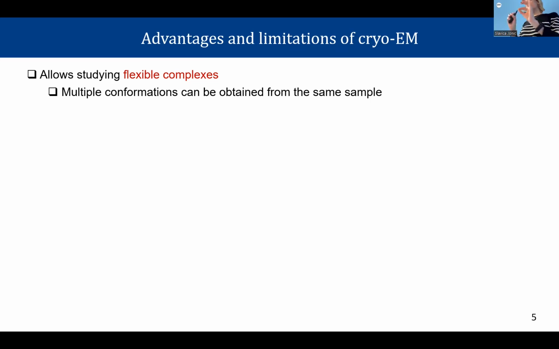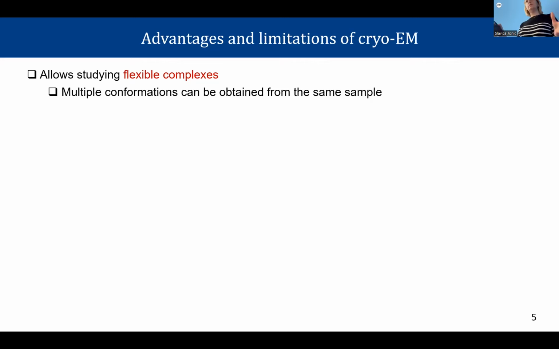The molecules inside are as close as possible to the native, I would say physiological environment, and also the hydrated state. But in X-ray crystallography, you have crystals, so it is not possible from the same crystal to get different states, just one, if you're lucky.